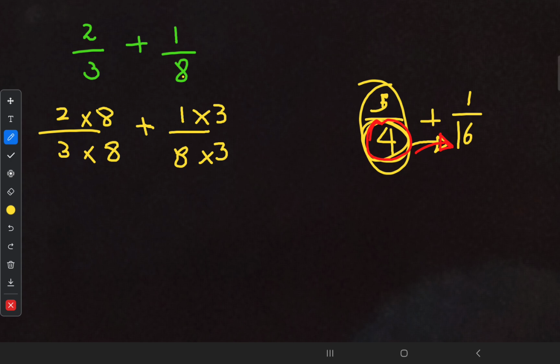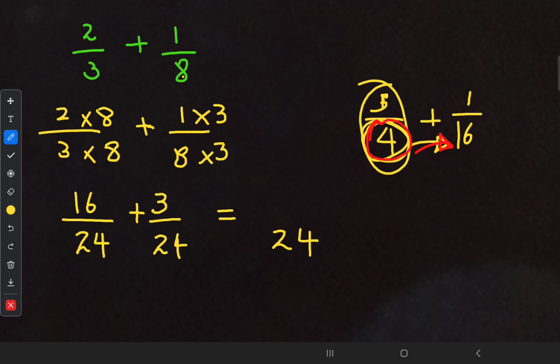Look at this example: 2 eights are 16 upon 3 eights are 24, plus 1 three is 3 upon 8 threes are 24. Now both denominators became the same number, 24, so we write the common denominator as it is and add the numerators: 16 plus 3 will become 19 upon 24.